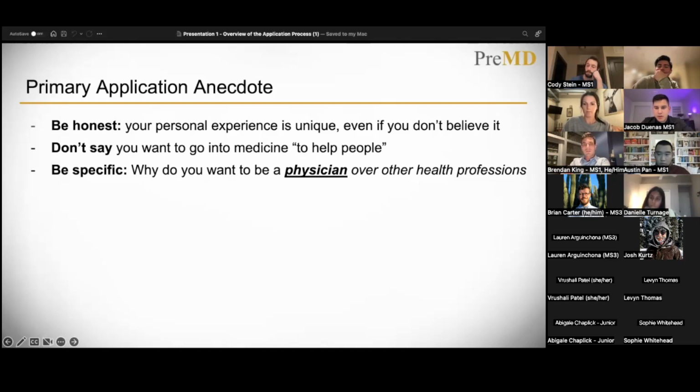Some of the best advice that I received on the personal statement was finding the meaning and the purpose in some of the most mundane things. So I worked as a CNA, and I told stories about conversations with patients. It wasn't anything crazy. It wasn't a code where someone was dying and I had to be a hero.